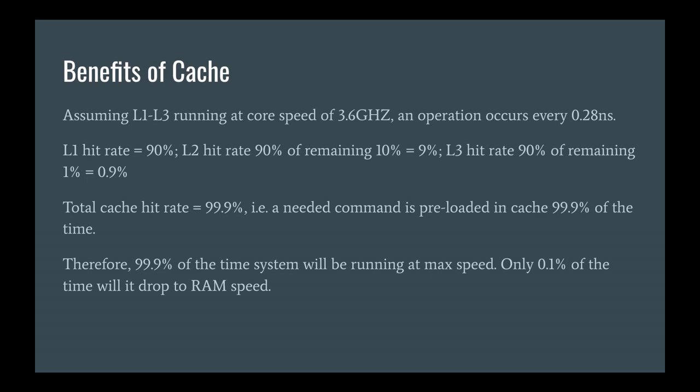We talked about how each one of those caches is 90% likely to have the requested command, and so you put all of those together, you have a 99.9% chance of the next command having been preloaded into the cache. So only 0.1% of the time will your computer have to drop down to whatever the speed is of RAM to get the next command. Otherwise, it's still going to be running at a pure 3.6 gigahertz for the entire time.